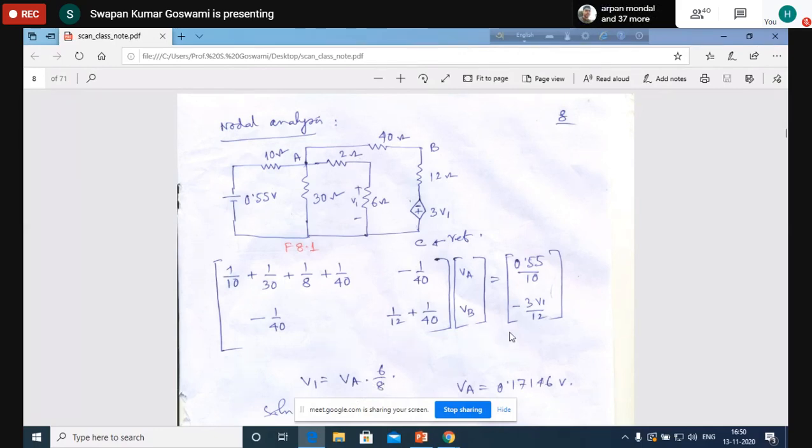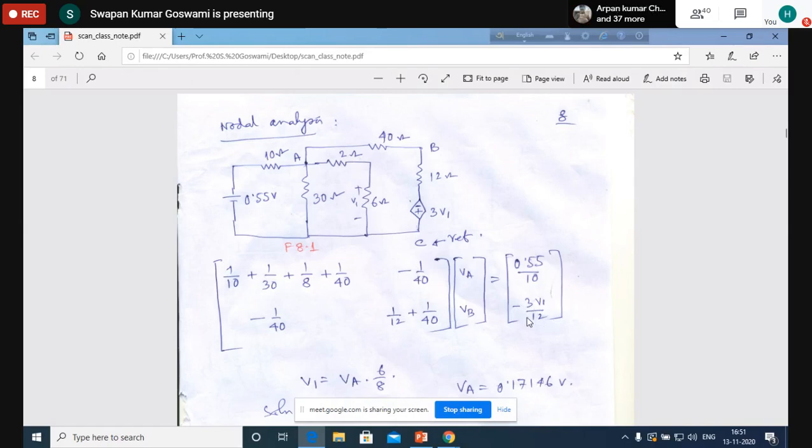Then what will be the form of the equation? It will be minus 1 upon 40, then this comes here, it will be plus 3 into 6 by 12 into 8, VA was there. Then here it will be 1 upon 12 plus 1 upon 40. Then here it will be 0. This will go to the left hand side, and 3V1 by 12 with the negative sign will become 0.